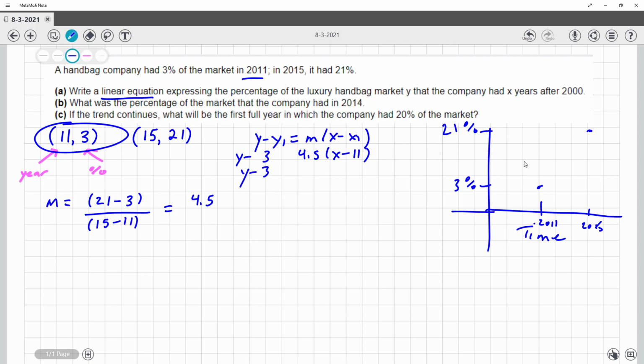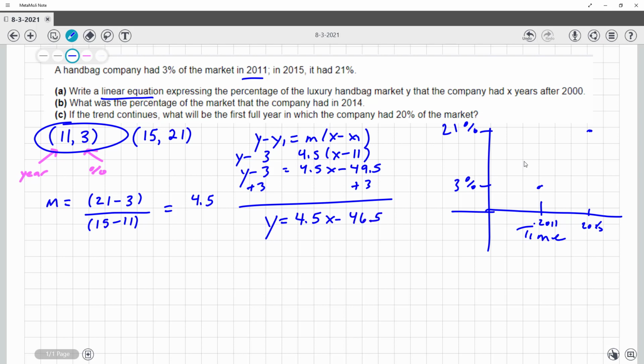And so I have y minus 3 equals 4.5 times x minus 11. I'm going to go ahead and distribute, so 4.5x, 4.5 times negative 11 is minus 49.5, and then finally add 3 to both sides, and that gives me, this part A, a linear equation.